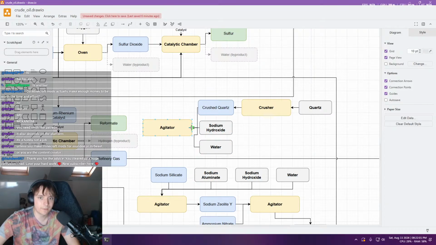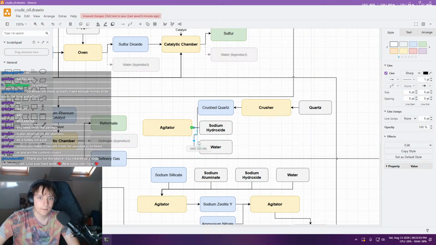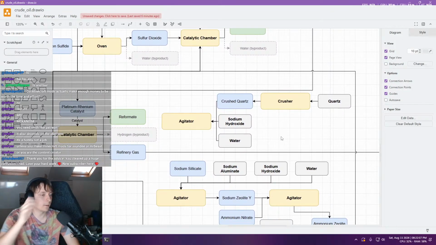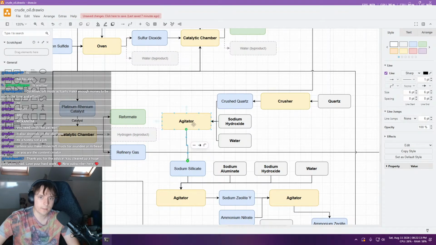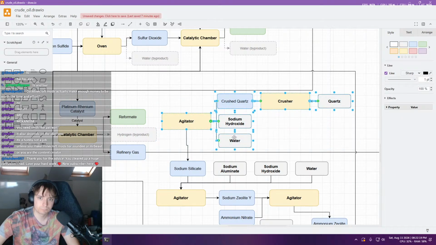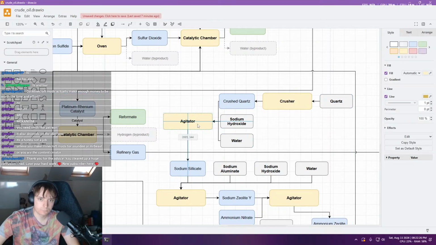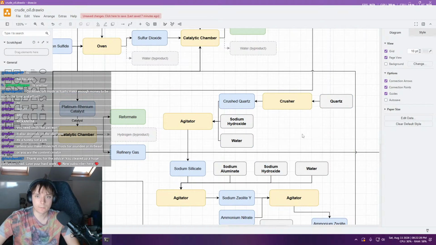Yes, kind of. That's going to have to work because I don't have space here. And that gets us the sodium silicate. Okay, ideally that's in line with that though. There you go. Got it.